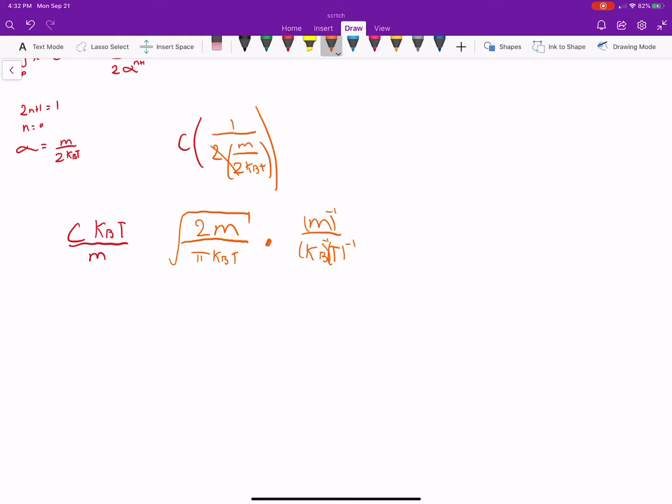So what do we have? We have the square root of 2 times the square root of m times, I'll rewrite this as the fractions. Right, we got that. Over, I'm just going to do 2 pi. That's all to the 1/2.